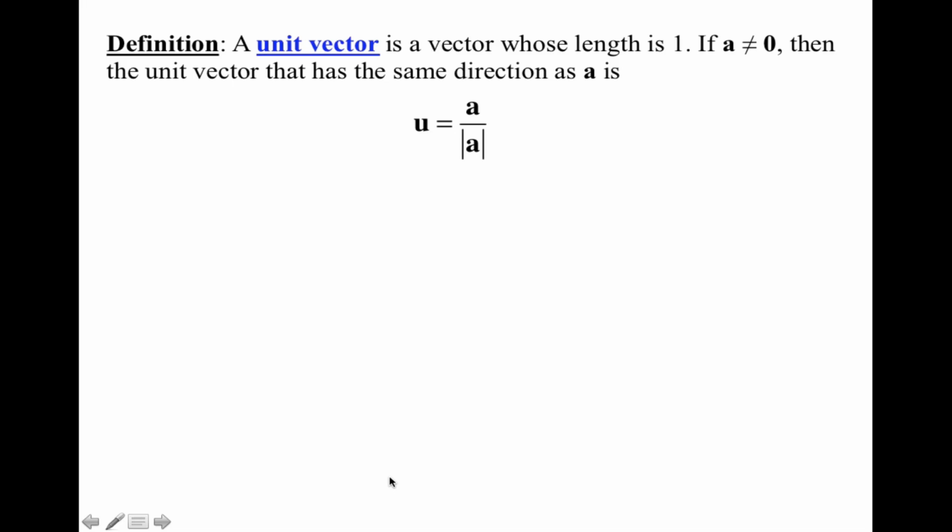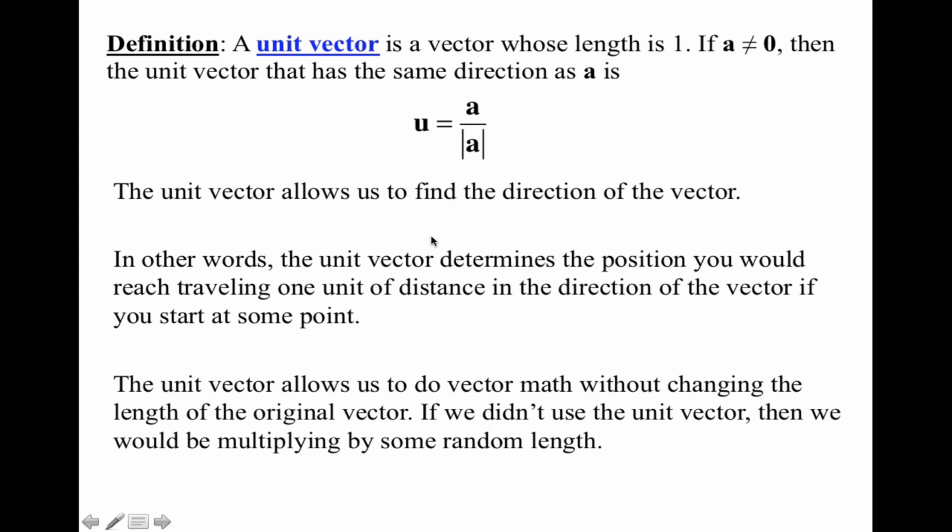This leads into a unit vector, which is a vector whose length is 1. If the vector A does not equal the zero vector, then the unit vector that has the same direction as vector A is given by the vector A divided by the magnitude of vector A. So the unit vector allows us to find the direction of the vector.